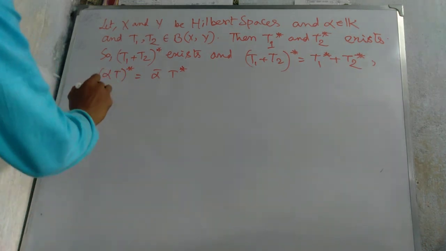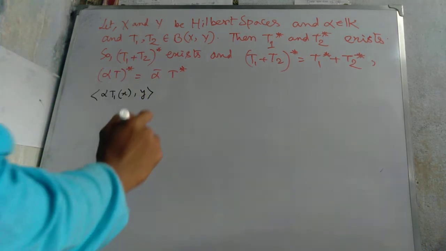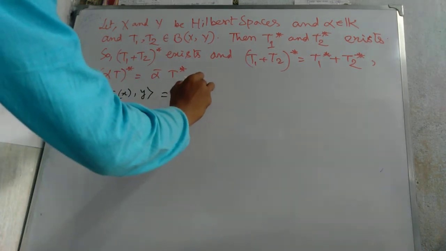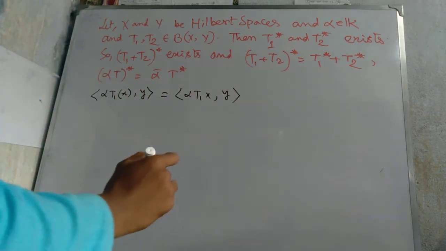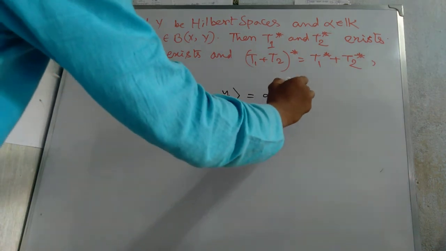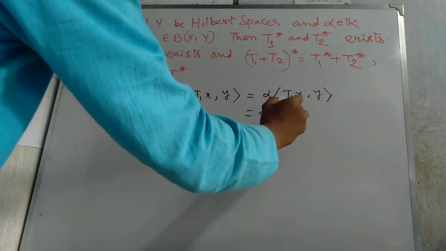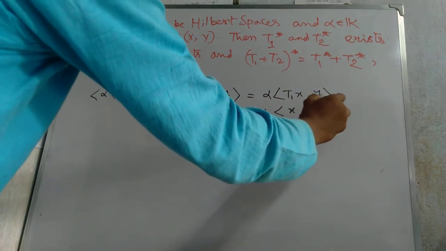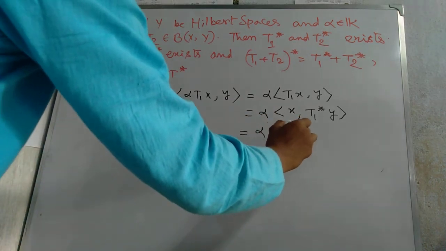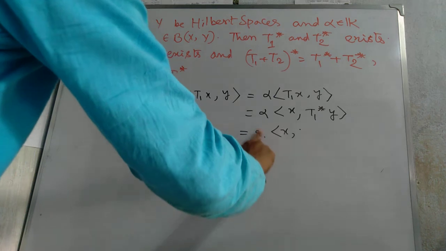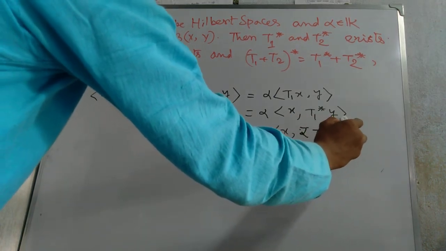Next, we write: (alpha T1) x, y equals alpha times T1 x, y, which equals alpha times x, T1 adjoint y, which equals x with alpha conjugate T1 adjoint y.